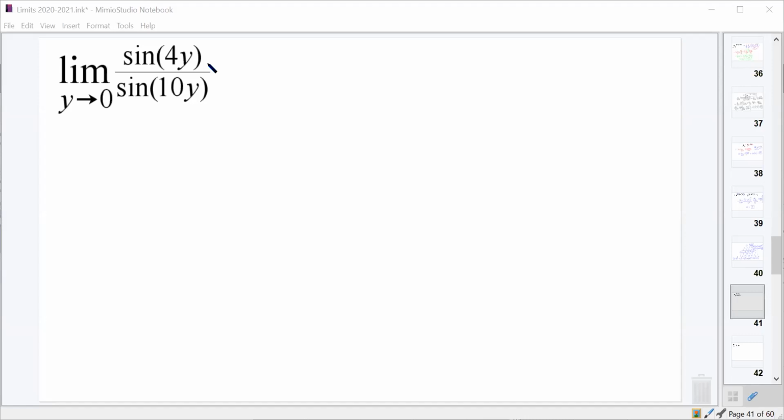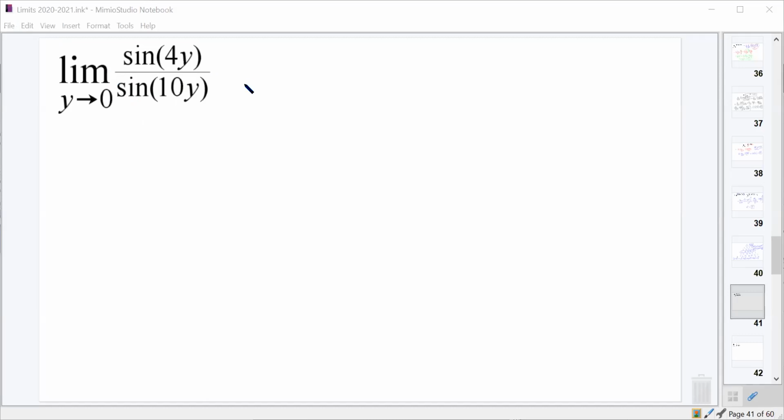What do you guys think? Could we try splitting it into two different limits? What two limits do you want to split it into? Like the limit as y approaches 0 of sine of 4y, and then it's the division rule. The division rule. Okay, so we got a problem with the division rule again, which is that's 0 if we plug in 0 to the denominator. So that's not going to work.